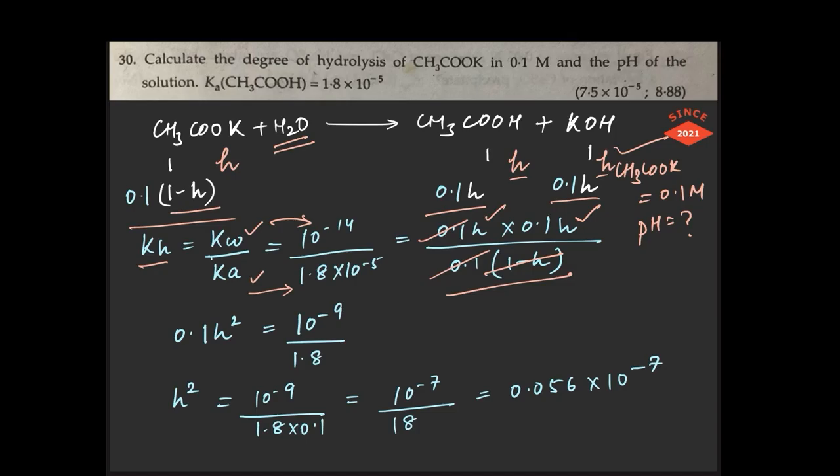So here 0.1h square is equal to 10 to the power minus 14 by 1.8 into 10 to the power minus 5. This 10 to the power minus 5 goes to the numerator, and this becomes 10 to the power minus 9 by 1.8. Solving, h square will be equal to 0.056 into 10 to the power minus 7.